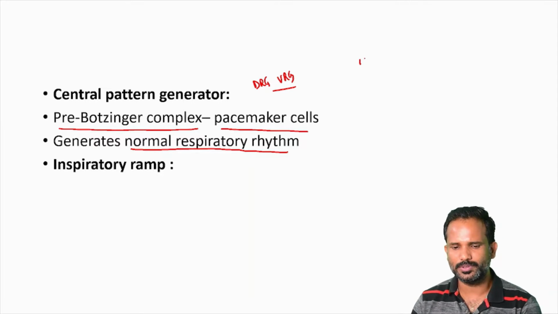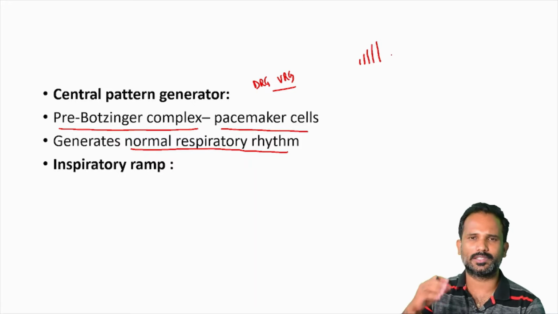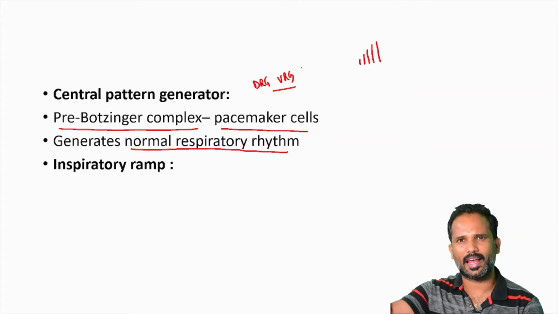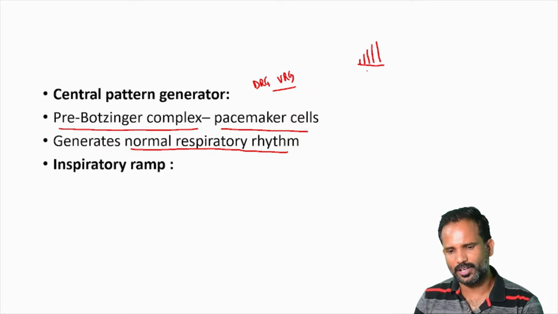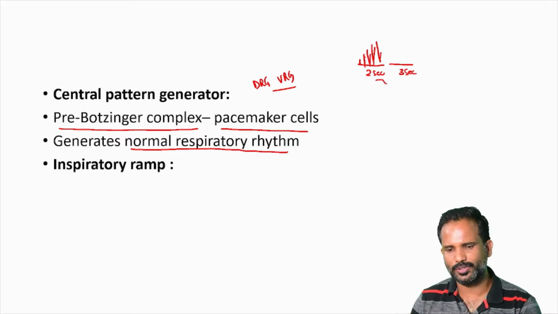The signals coming from the pre-Botzinger complex are not single bursts. They increase in their amplitudes. Let us think that for up to 2 seconds the amplitude of the stimuli is increasing, and suddenly they cease and there is a pause for 3 seconds. So a total of 5 seconds gives a rate of 12 breaths per minute.